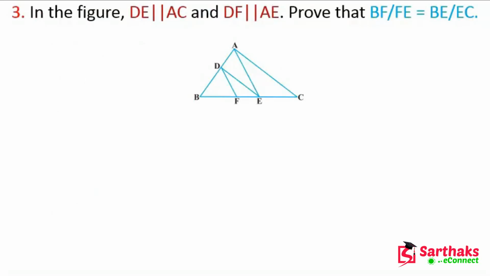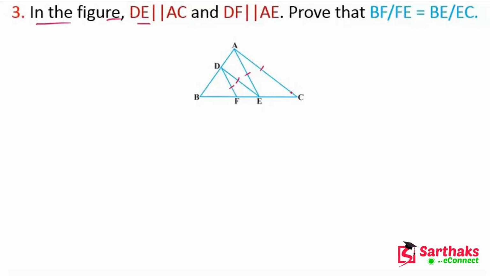The next question is, in the figure DE is parallel to AC and DF is parallel to AE, and we have to prove BF upon FE is equal to BE upon EC.